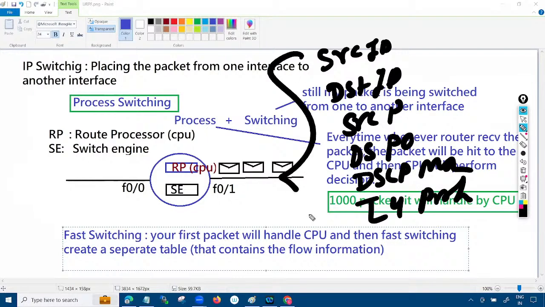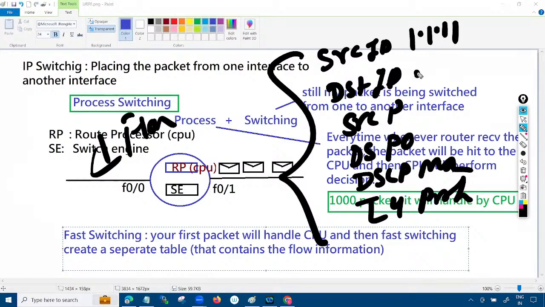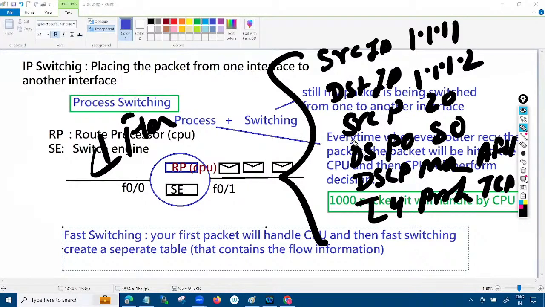If all these are the same, that's called one flow. For example, source IP is 1.0.1, destination IP is 1.0.1, source port number is 20, destination port is 50, DSCP marking is maybe AF11, and the L4 protocol is TCP. So that's called one flow.